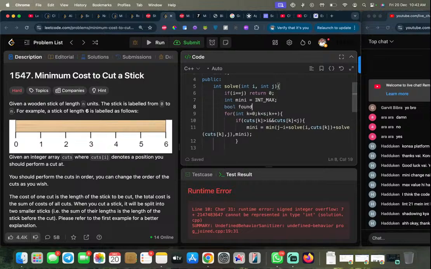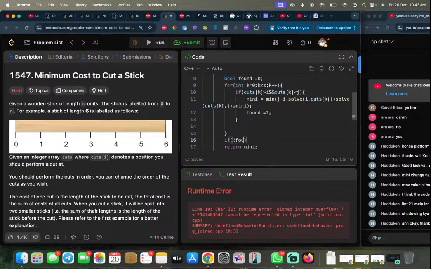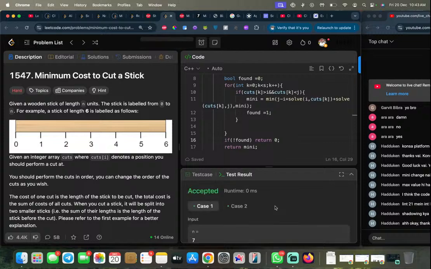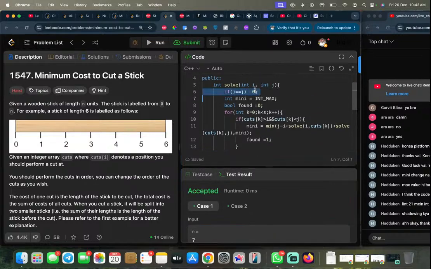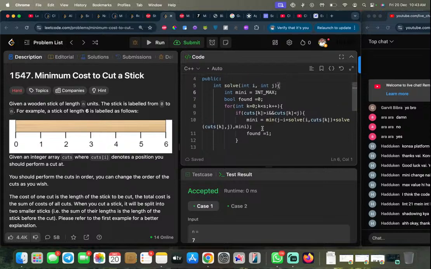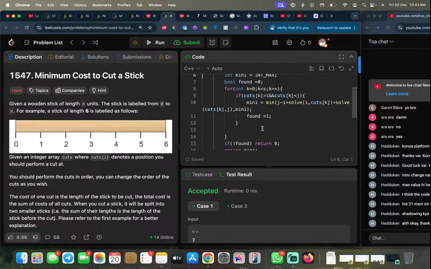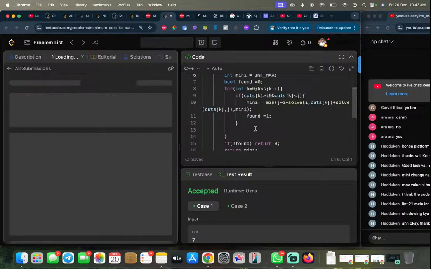Found is equals to 0. Can remove this. I'll get TLE mostly, but I do want to try and submit.